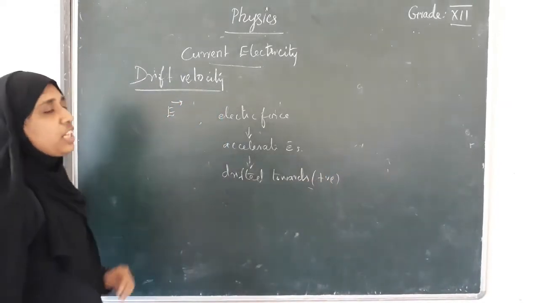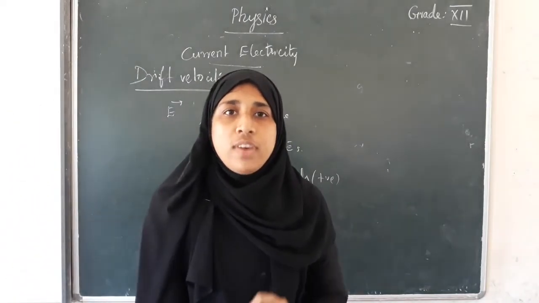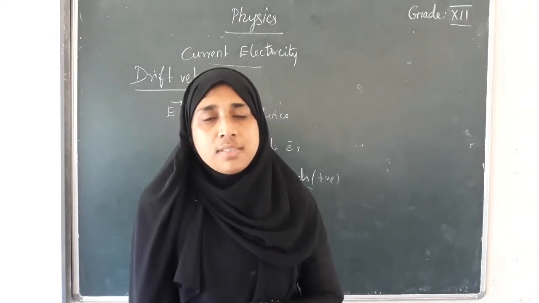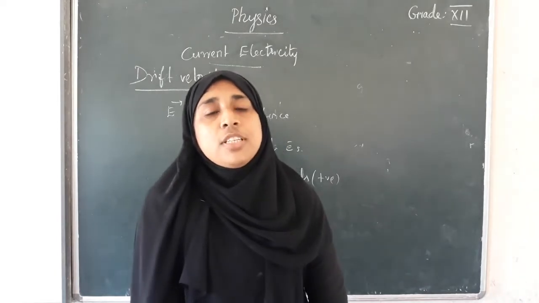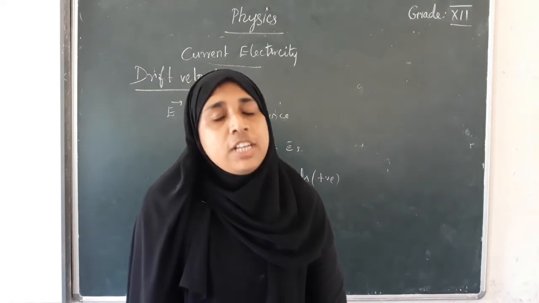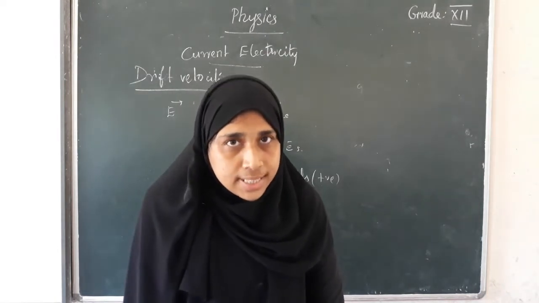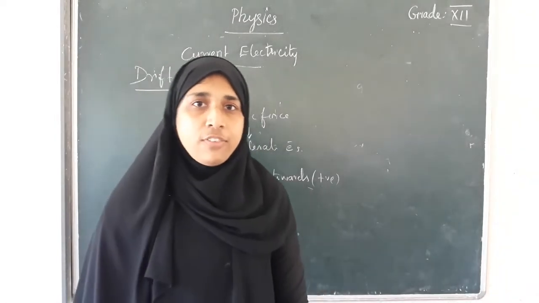So what do you mean by drift velocity? Drift velocity is the average velocity acquired by the electrons inside the conductor when it is subjected to an electric field.